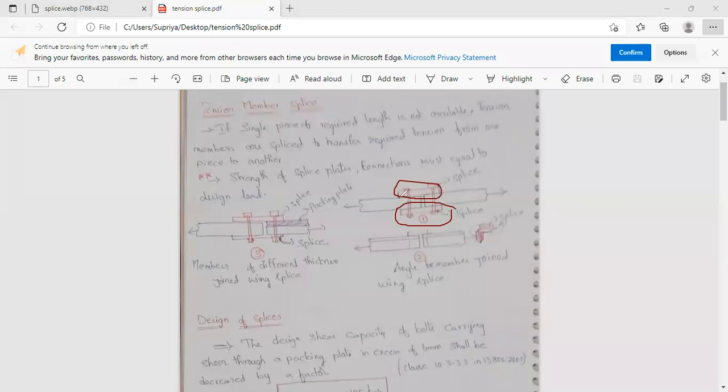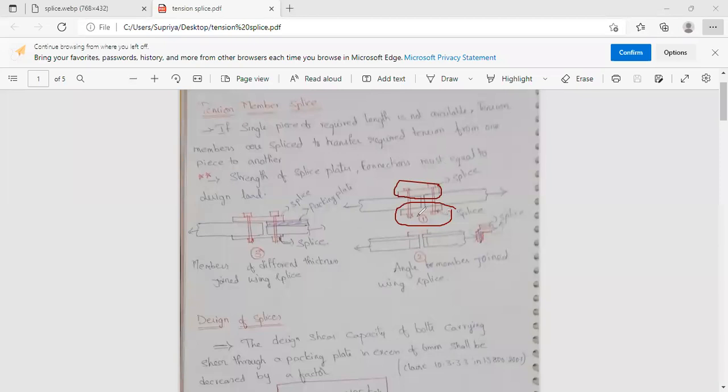Due to the single cover lap joint, eccentricity may develop during the passing of the loads. In order to avoid the eccentricity, we have to provide splices on both sides of the main plates. That means we have to provide the double cover lap joint.